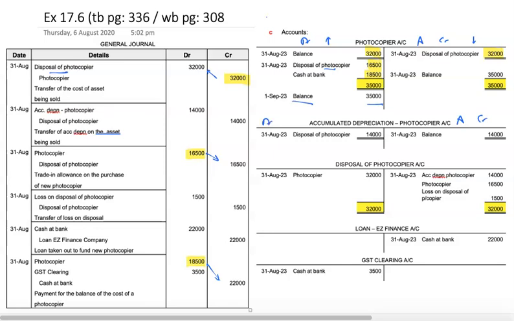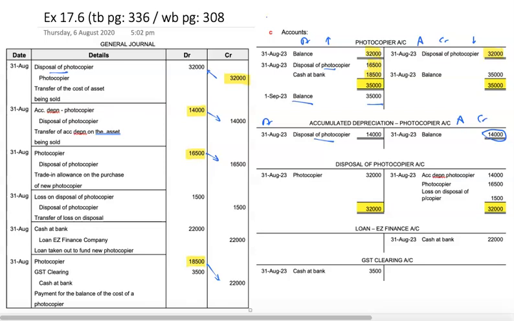My original record of $14,000 was the ongoing reduction of my asset. On the 31st of August, as I run through this, I did my accumulated depreciation as a debit to retransfer this off my ledgers. And my cross-reference is, again, disposal of photocopier.